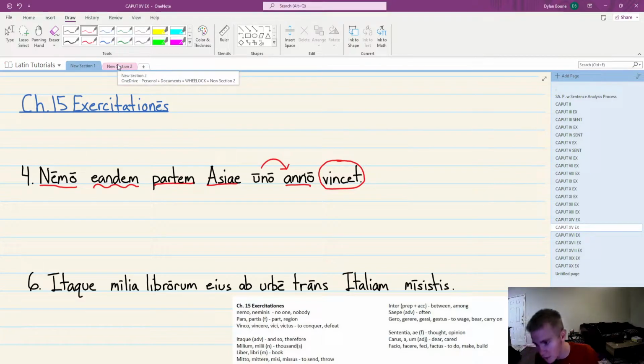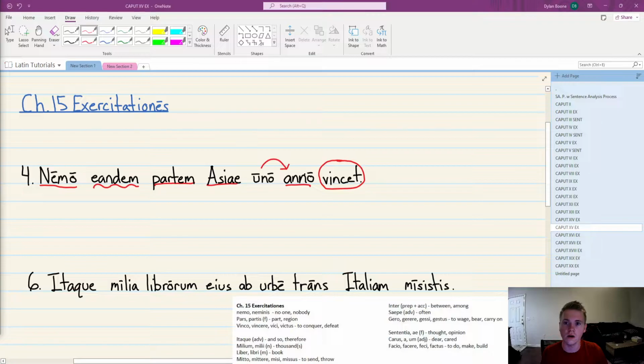So it comes from vinco, vincere, vici, victus. So we've taken the second part, dropped the re, added at, right? The only interesting thing here is that this is actually a third conjugation verb. So we drop the ere and added an et.